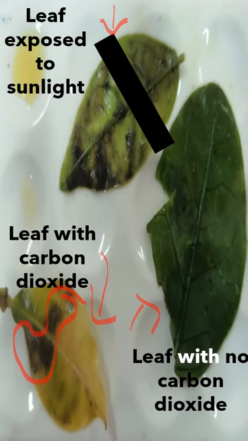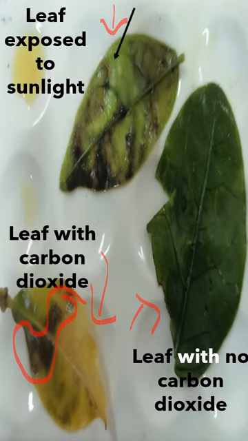As you can see here, this strip has no dark blue, while other parts have dark blue. Presence of starch means starch is present on the parts that were exposed to sunlight. This one is experiment 2.1.